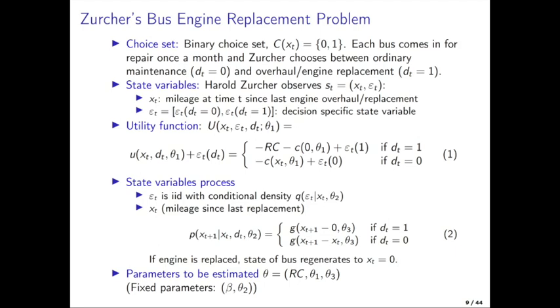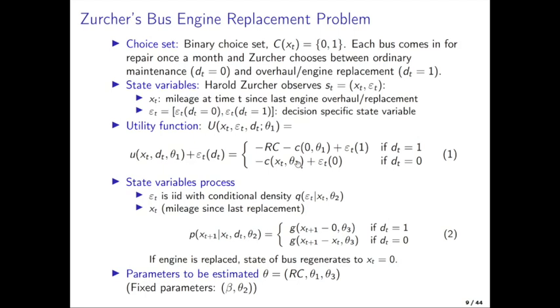And everybody who owns an old car knows what I'm talking about. It's getting older and older, and it's just going to the workshop all the time. It's falling apart. So it's natural to model the cost function as some increasing schedule as a function of mileage. This is what this is capturing.